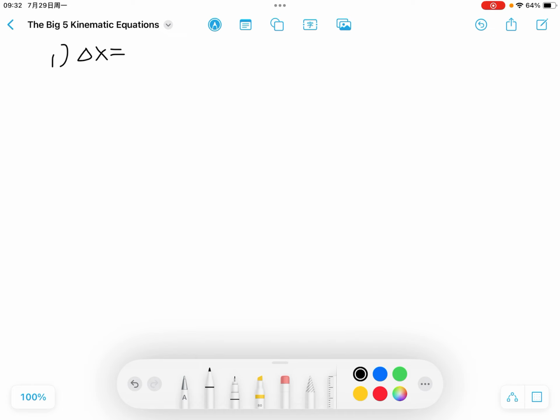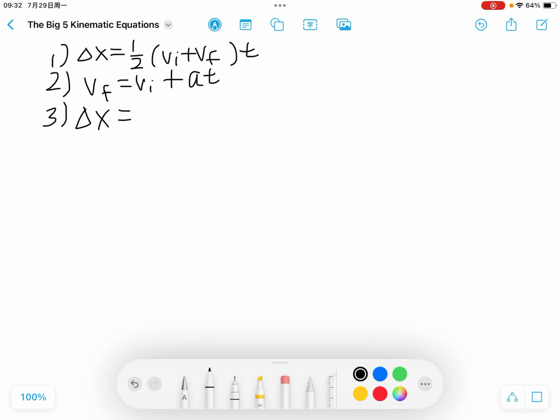So we have delta x is equal to 1/2 times (vi plus vf) times t. The second equation here is going to be vf is equal to vi plus at. Then the third equation is going to be delta x is equal to vit plus 1/2 at squared.